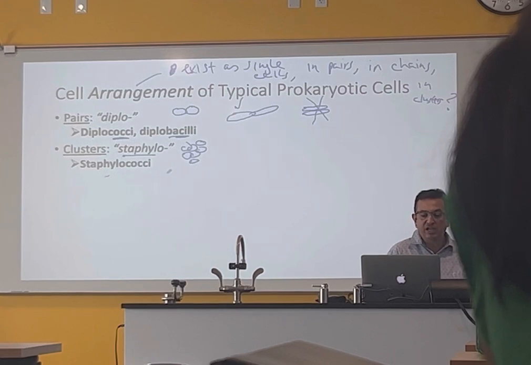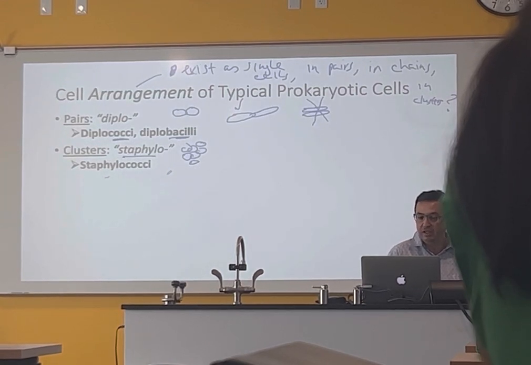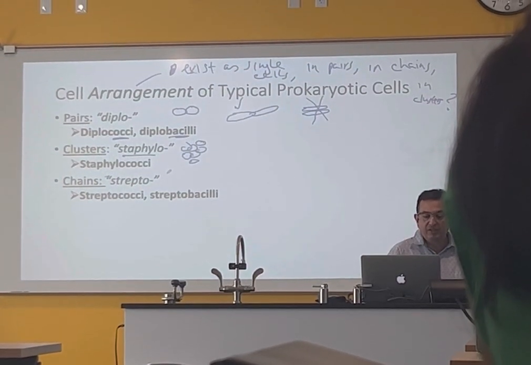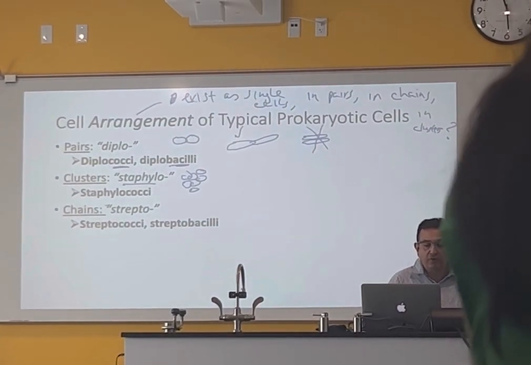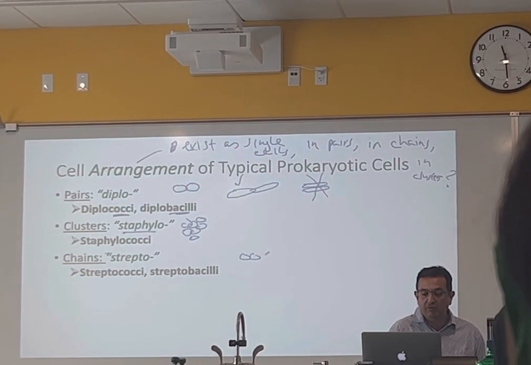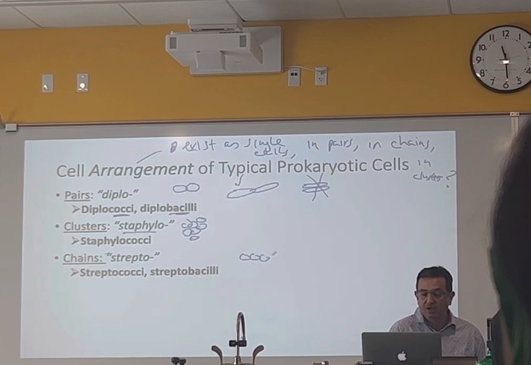Whatever, a cluster, that's staphylococci, the name gives it away. The prefix strepto is referring to chains, so streptococci is a chain of several, more than two, otherwise it'd be called diplo, but it's a chain of spheres, of circular bacteria.